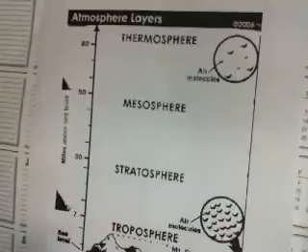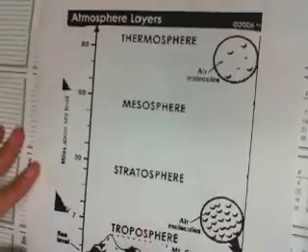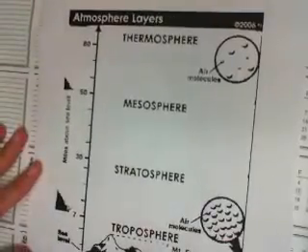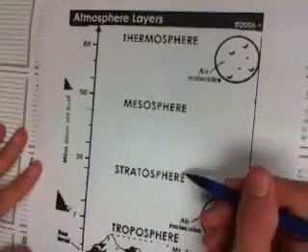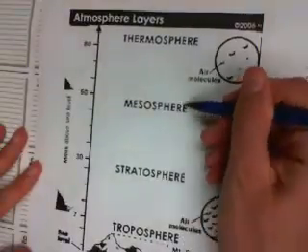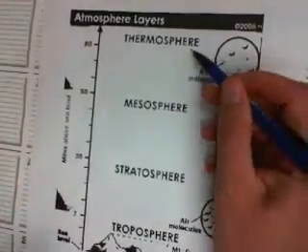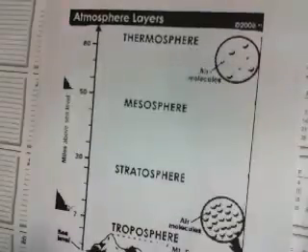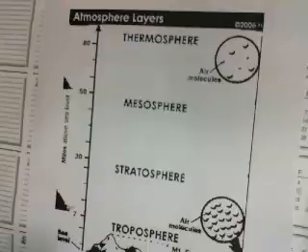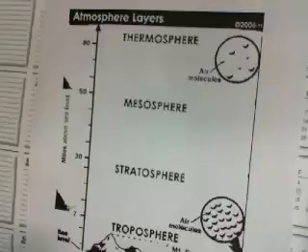So, let's take a look at the different layers of the atmosphere. The major layers of the atmosphere are the troposphere, the stratosphere, the mesosphere, and the thermosphere. Now, the troposphere is important to us because in the troposphere is basically where everything that you're familiar with happens.